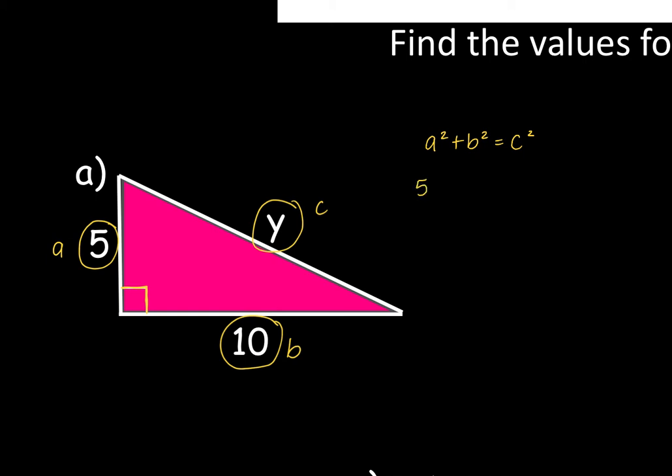So 5 squared, because 5 was A, plus 10 squared equals Y squared. Nico, 5 squared.